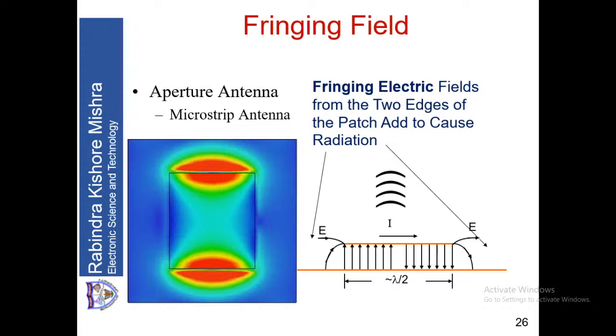But those fringing fields will be oppositely directed, so they will be out of phase. So the radiation from these two edges will cancel out.